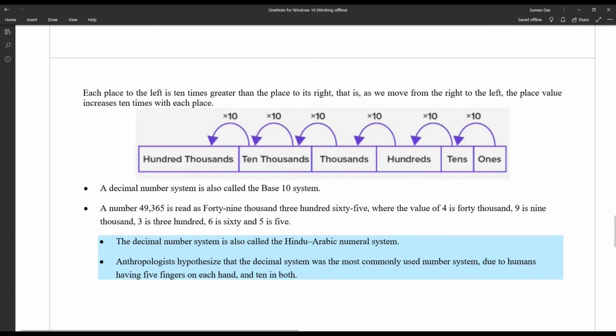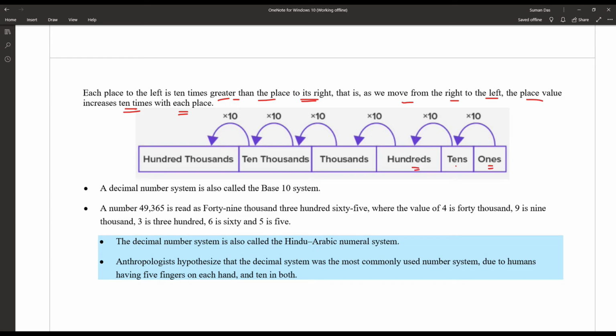Each place to the left is 10 times greater than the place to its right. That is, as we move from right to left, place value increases 10 times with each place. That means tens is the multiple of 10 of ones.